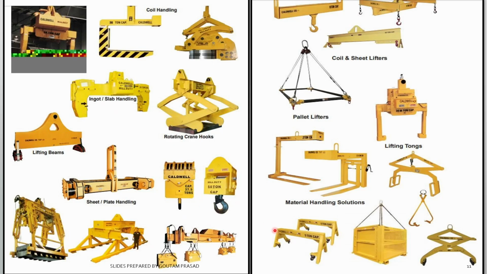You can see different types of lifting attachments have been shown in this slide. Like this is a C type hook, and this is an ingot slab handling type of lifting attachment, and a lifting beam. This is basically a spreader beam that spreads the load across this beam. And this is a rotating crane hook that is capable of rotating with the slabs it is holding.